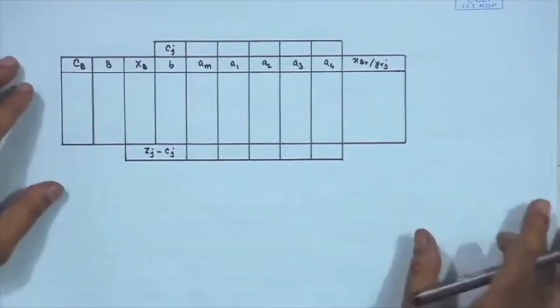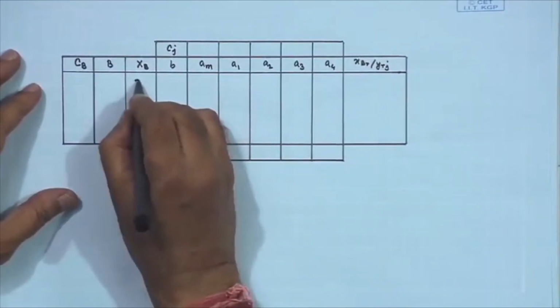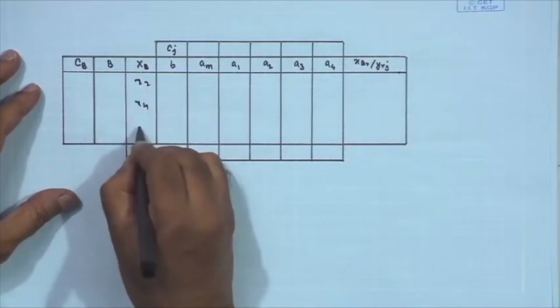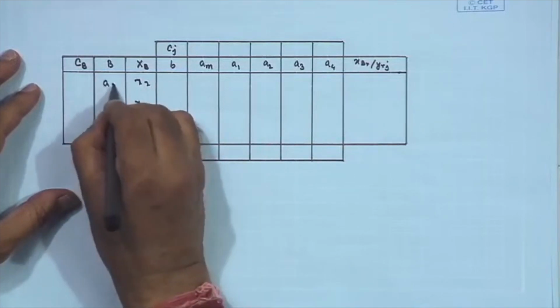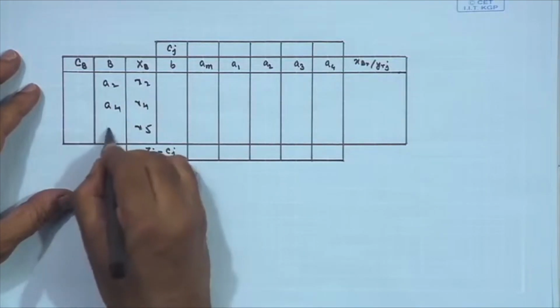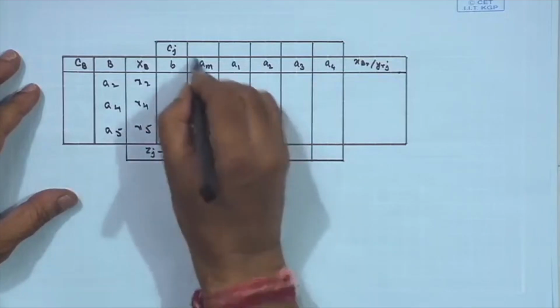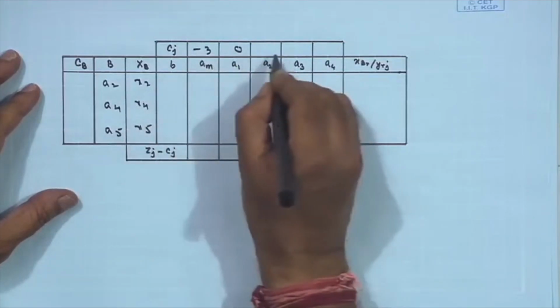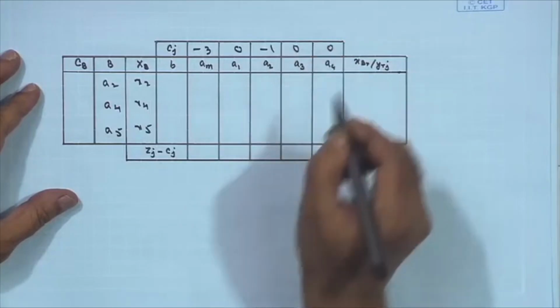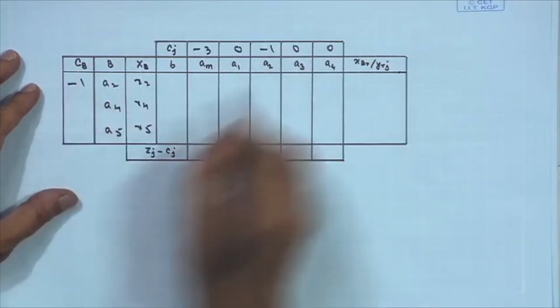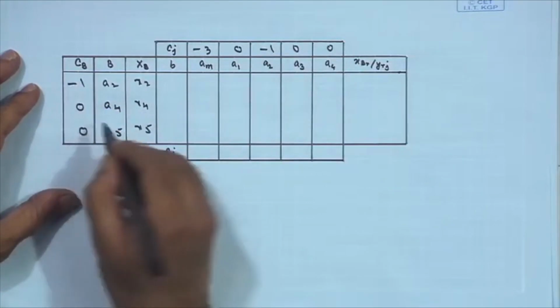So, the next table we can write as x2, x4 and x5. Here it will be A2, A4 and A5. Cj values are minus 3, 0, minus 1, 0 and 0. Cb values will be: A2 is minus 1, then 0, 0.